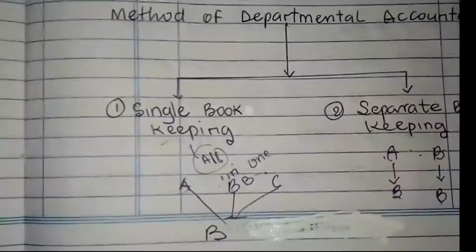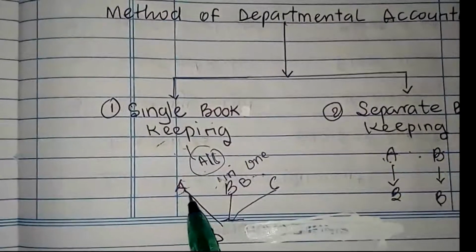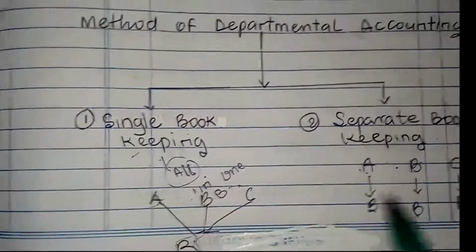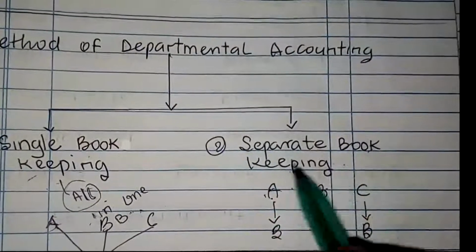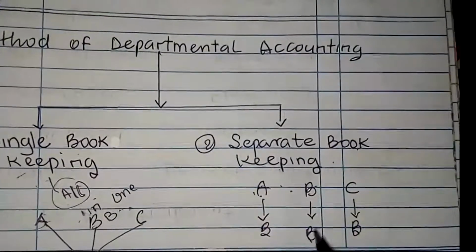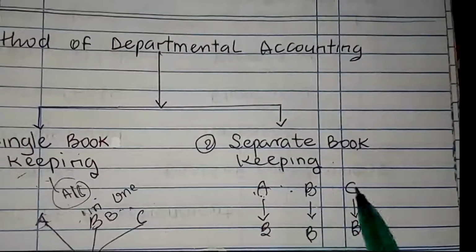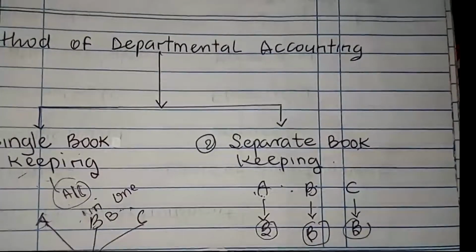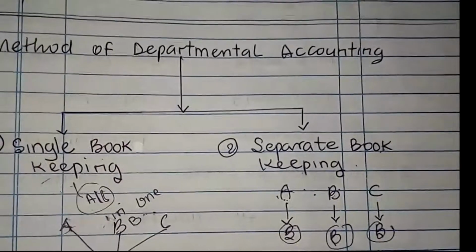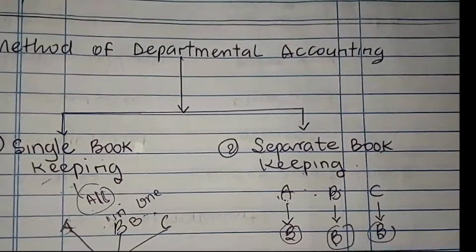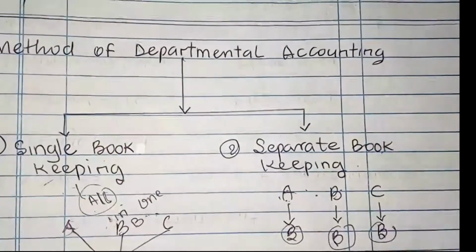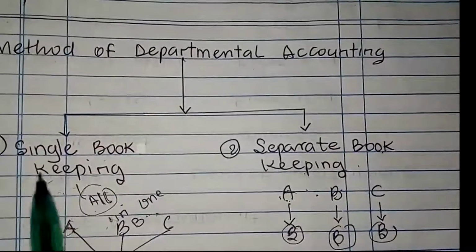Let's say, for example, department A incurs rent, and the rent belongs to department A. You charge all the rent, say 500 naira, to department A, because this rent has been incurred by department A. That is when you charge the whole item of expenses to a department. That is allocation of expenses.